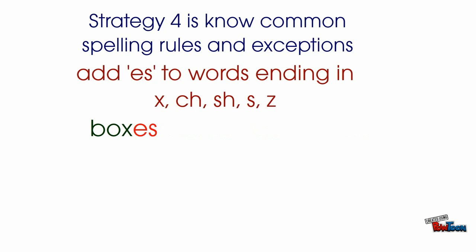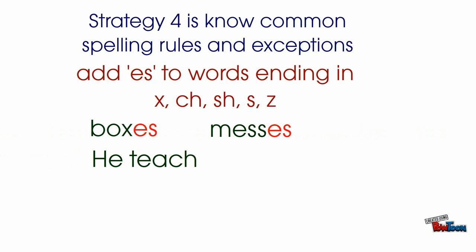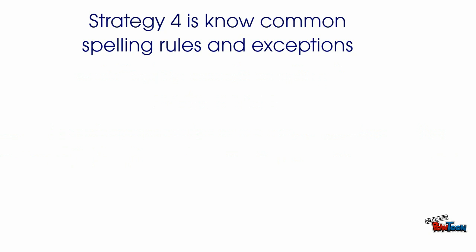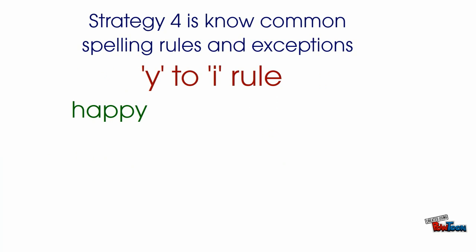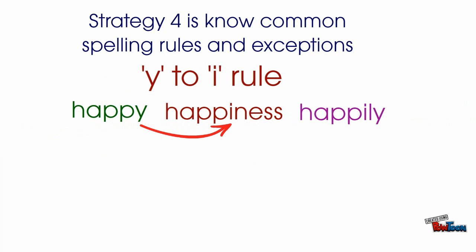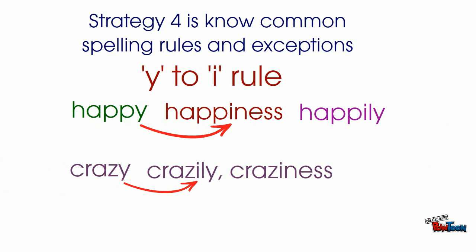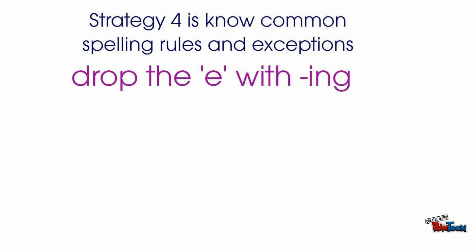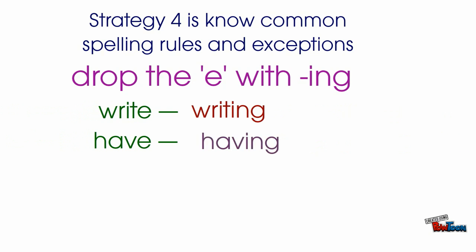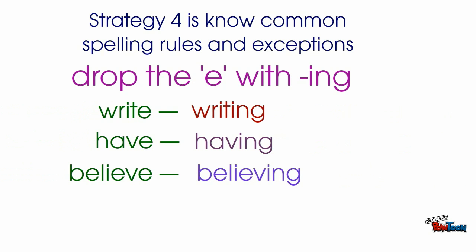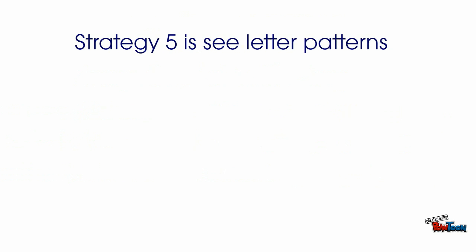Box, boxes, mess, messes, he teaches, she teaches. We have the Y to I rule when adding some suffixes. Happy, happiness, happily, crazy, crazily, craziness. We drop the E with ing rules, great. Writing, having, believing.